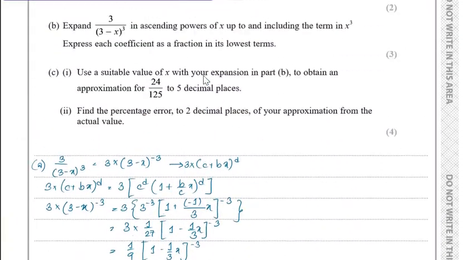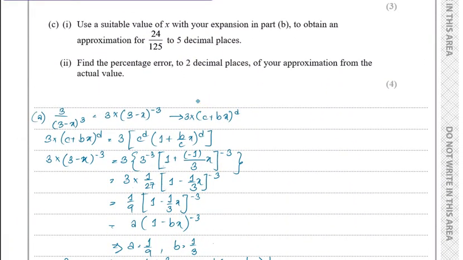And then they have asked us, find the percentage error to 2 decimal places of your approximation from the actual value. So what is the actual value?